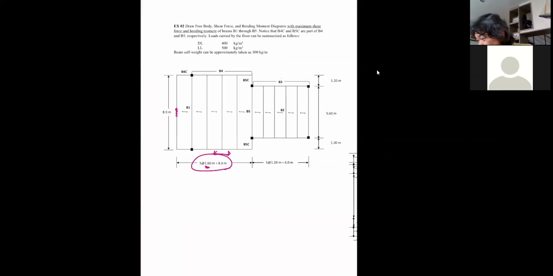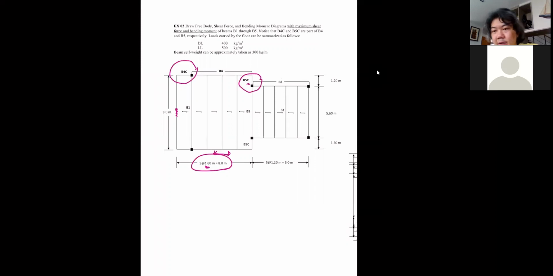But let's look at this one. See, this portion is a cantilever. So whenever I have a cantilever beam, I would always denote it with the letter C, so that I know this is a cantilever beam.